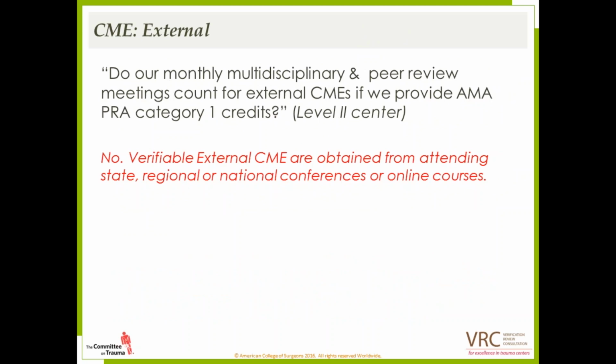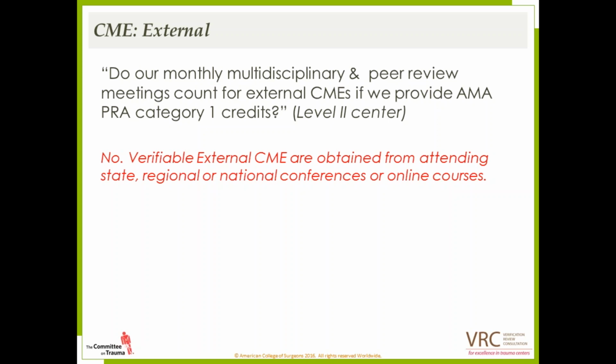So again, hopefully I provided some examples here in a couple more slides. Due to our monthly multidisciplinary and peer review meetings, count external CMEs if we provide AMA PRA Category 1 credit. That is not the ideal CME that we're looking for when it comes to verifiable external CMEs.